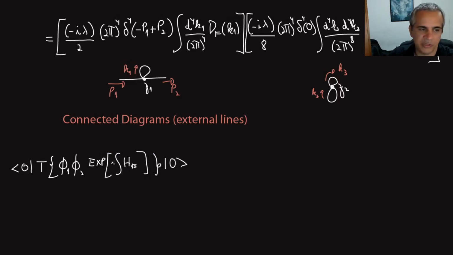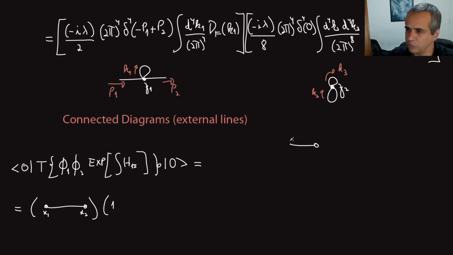So I have this exponential over the interaction with factors of i, whatever. This thing can be written now as this. This is one of the diagrams I can draw for a contribution to the 2-point function. Just take the exponential to be 1, and that's the diagram. But I could also draw another diagram, which is the one on top. I could draw this diagram.